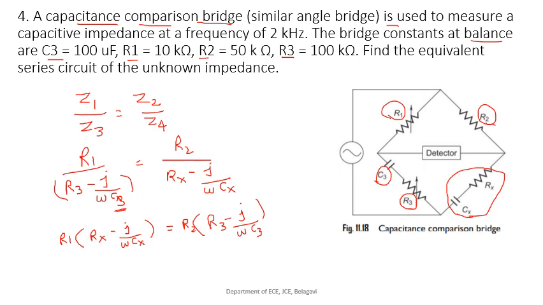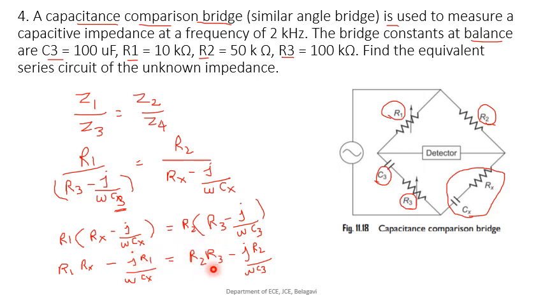Then if you simplify this, you will get R1 Rx minus j times R1 divided by omega Cx equal to R2 R3 minus j times R2 divided by omega C3. In this equation, the first term is real, the second term is imaginary because of j.